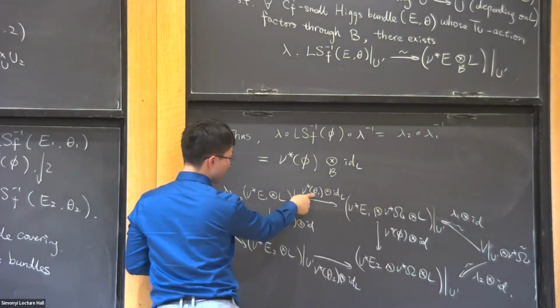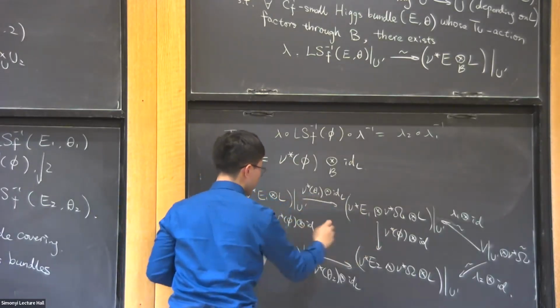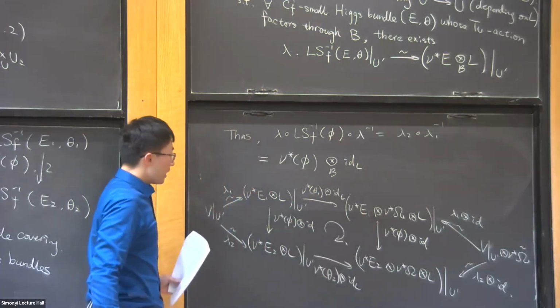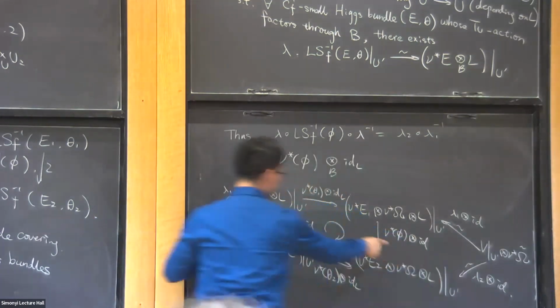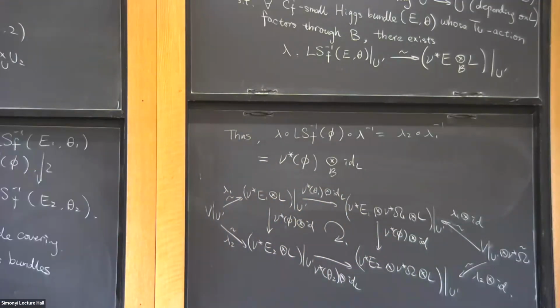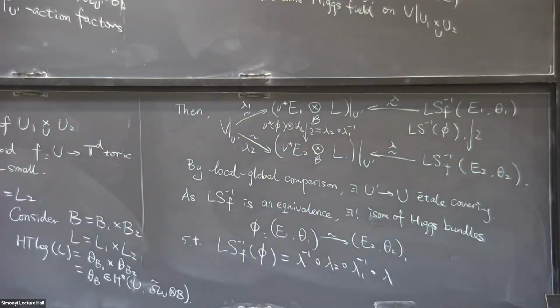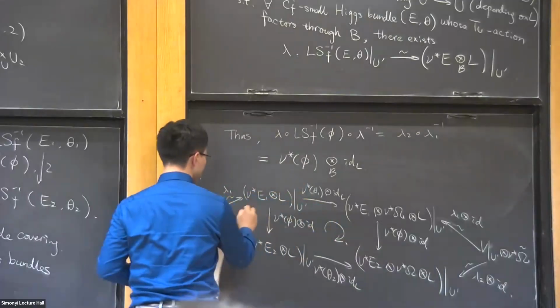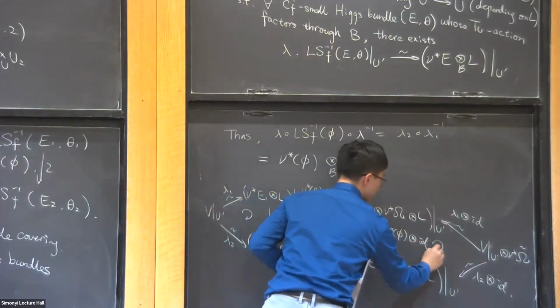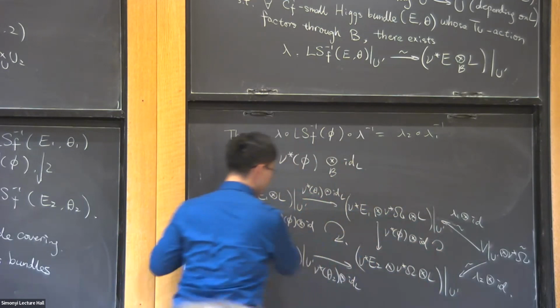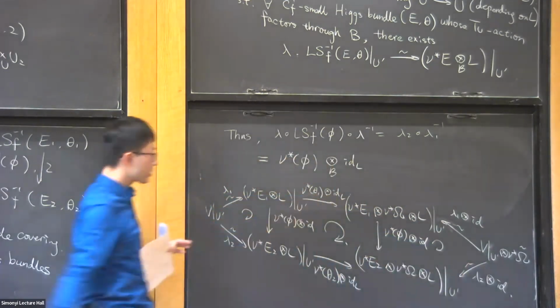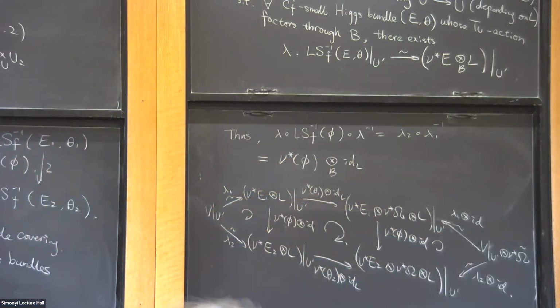So phi commutes with θ1 and θ2 like this. And they commute by the definition of phi, because this is chosen to be lambda 2 composed with lambda 1 inverse. So they commute. So we see that the two definitions of geometric Sen operators coincide with each other.